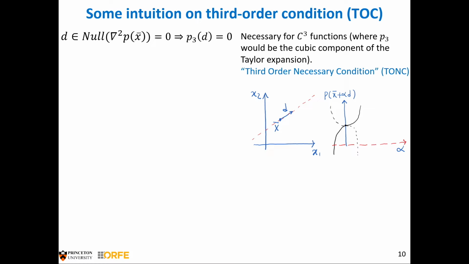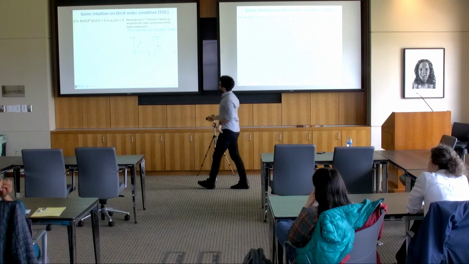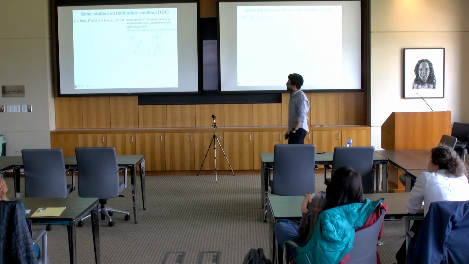So that univariate thing looks either like x cubed plus a constant or minus x cubed plus a constant. So that means that if P3 is non-zero, I can decrease by moving left or right. So if this condition is violated, I'm not a local min.